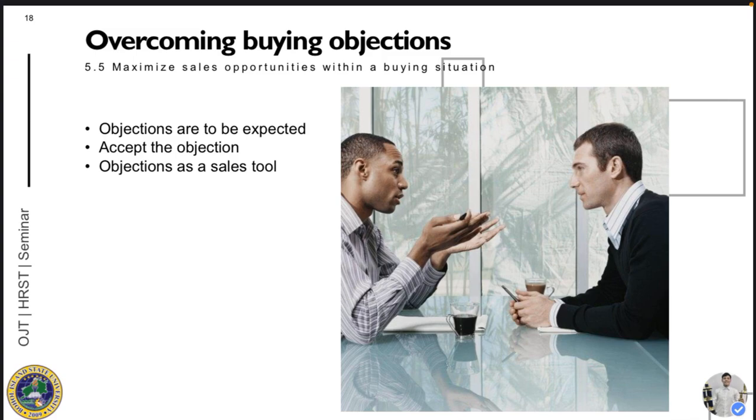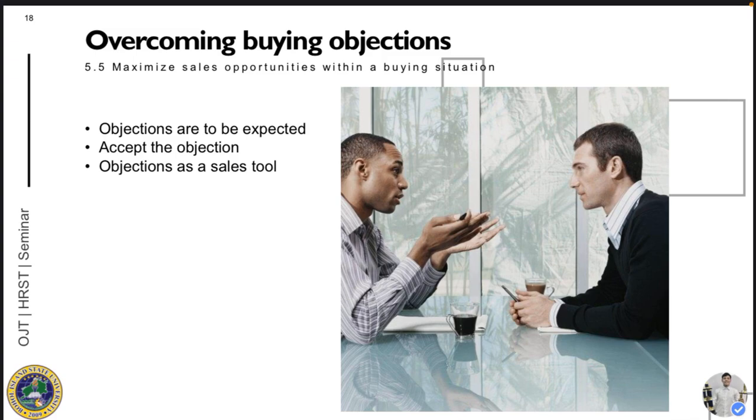For example, the guest or the customer refuses the products or services that you offered. What will you do? Redouble your sales effort. Make the best of it. That is, provide extra information. You will provide more information to the customer. Ask more questions to better identify needs or start to negotiate price.